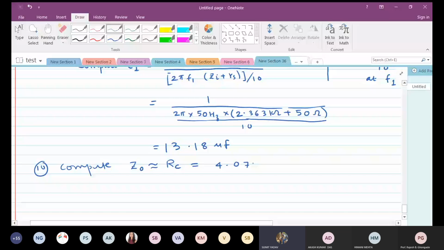So now you can compute C3. So what is the equation for C3? We must have the condition XC3 is equal to (ZO plus RL) by 10, at F1. F1 only. So repeat the calculations here.